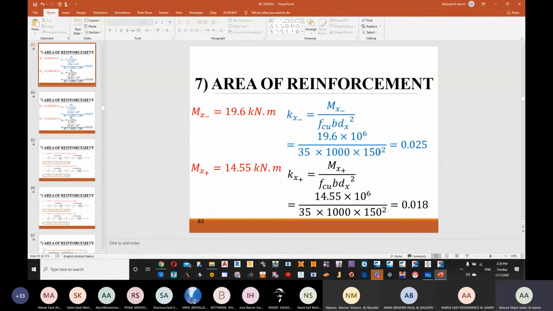Any other thing? You mean here it's showing 0.025 and there it's 0.029? Yes, this is what I said for you. When you calculate, use the correct value. Okay. Any other question?